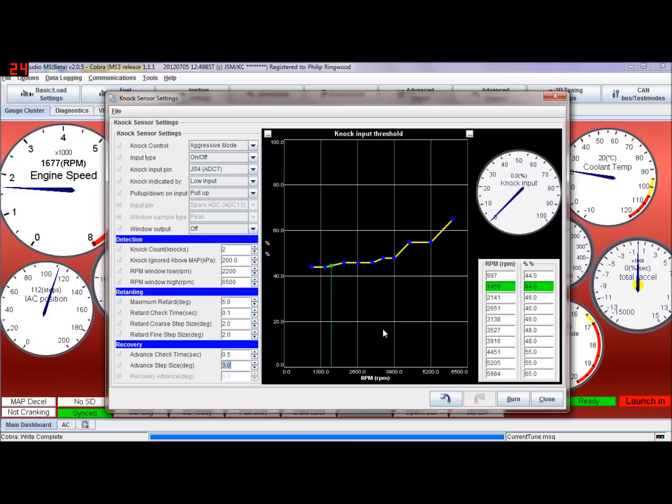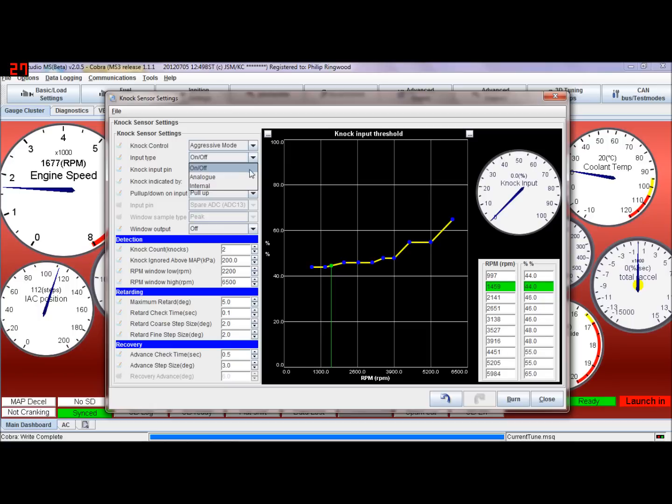This table here is the percentage of knock that the analog system sees, or the digital system sees. If you're on an on-off signal, then 100% would be no knock, 0% would be some knock, so there's nothing in between. So you could set all of those windows at 20%, because it's on or off, so it would be either 100 or 0.